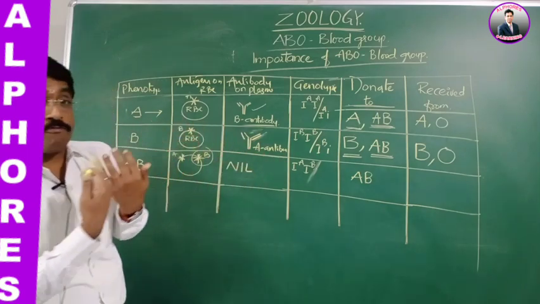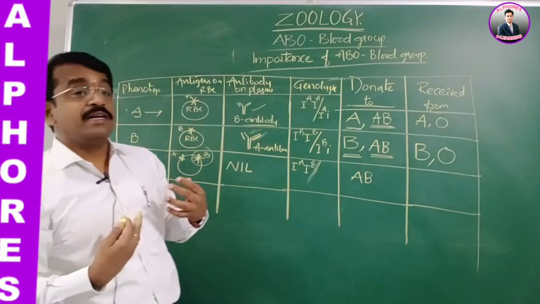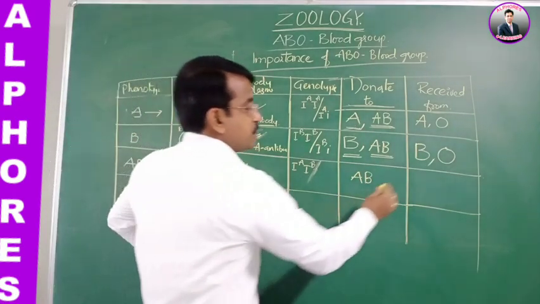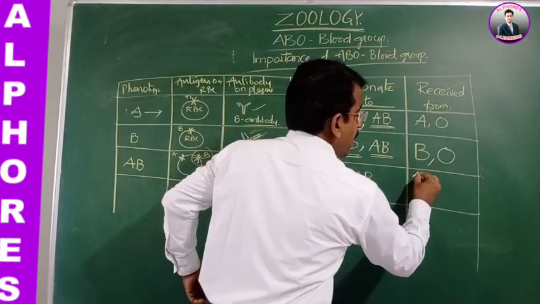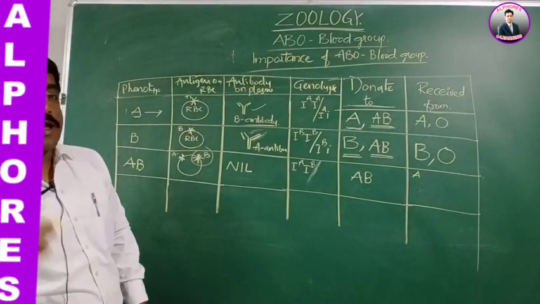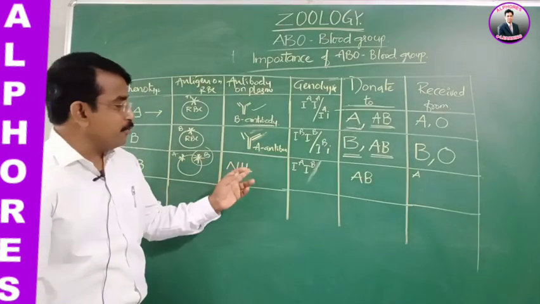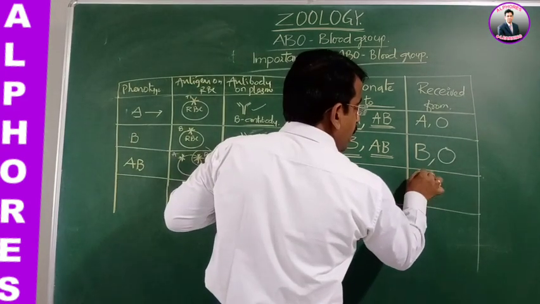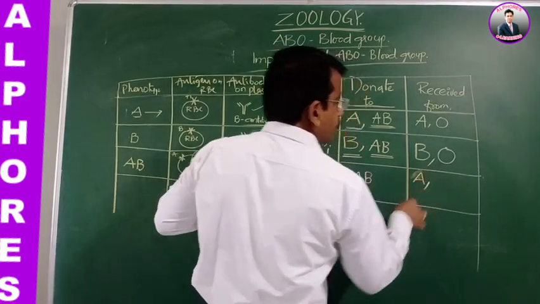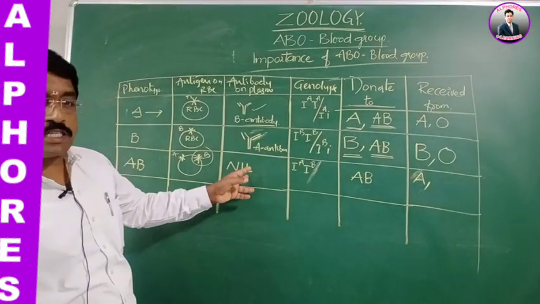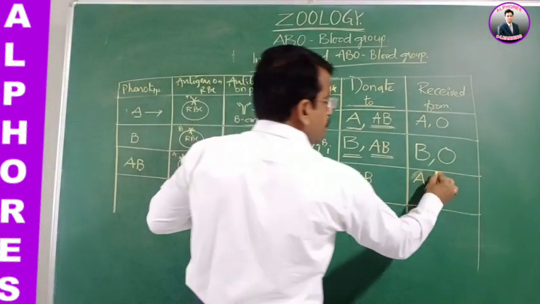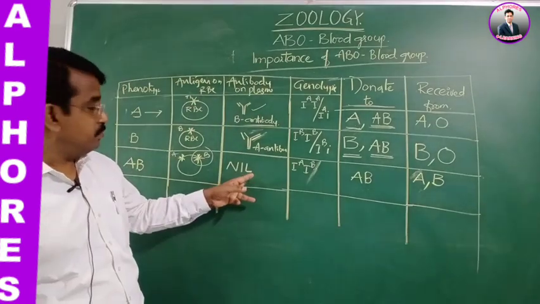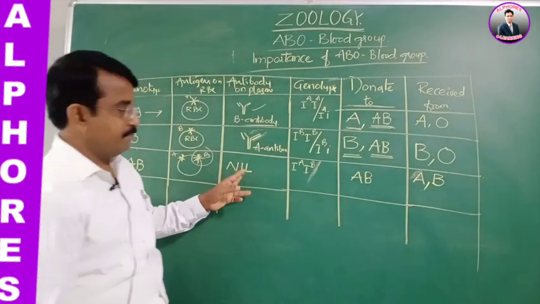And let's see from what blood group it needs to be taken. For suppose, if it is received from A antigen, does it produce antibodies? No. So it can be received from A. If it is received from B, no antibody production.